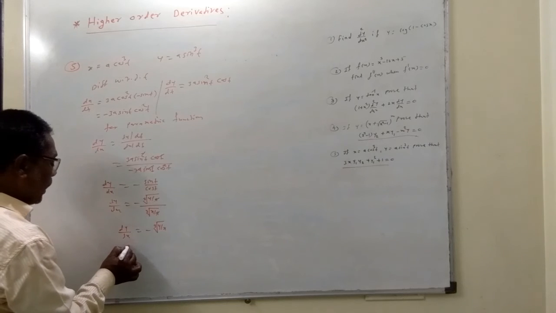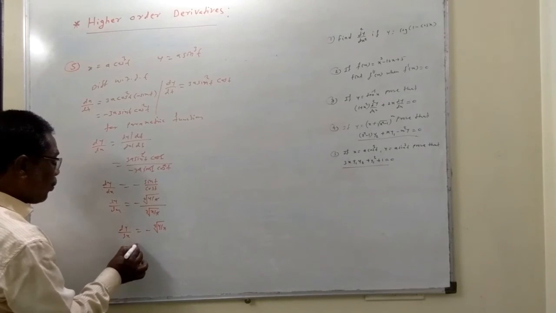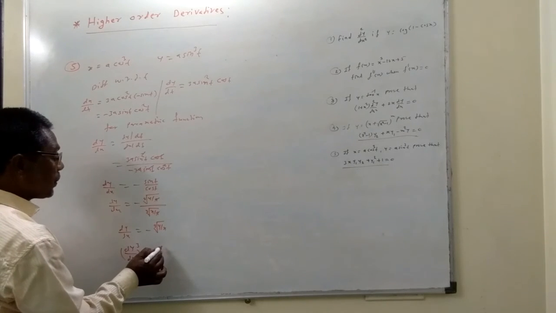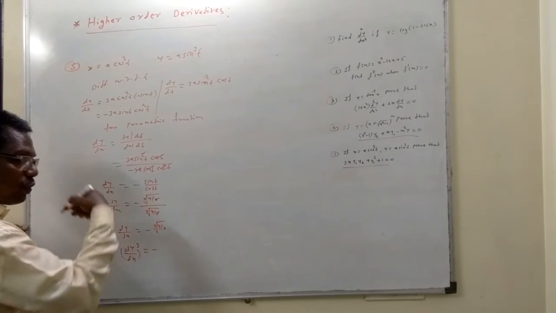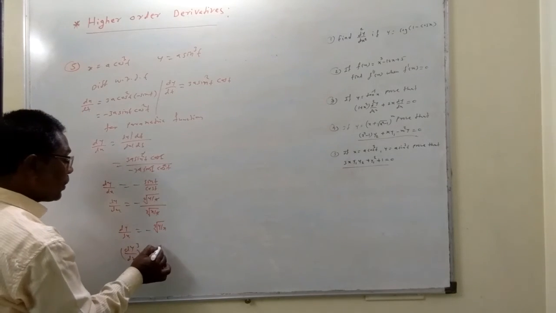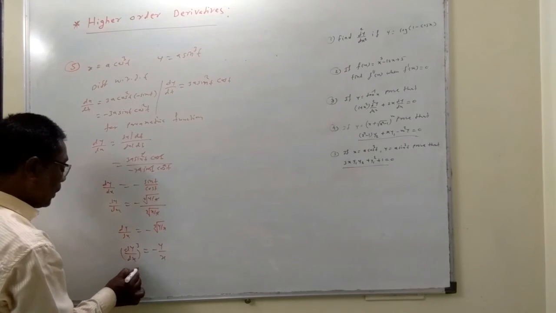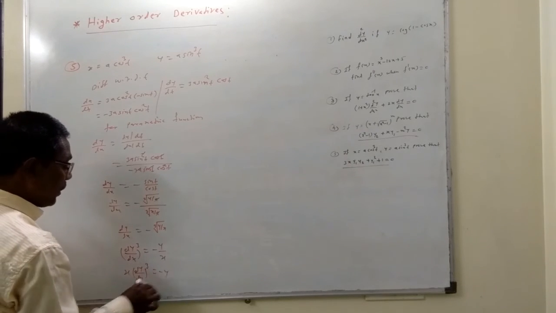So we will write this as dy by dx cube of that is equal to minus, now cube of minus is minus, so minus y upon x. x will take here on this side, so x into dy by dx cube of that is equal to minus y.